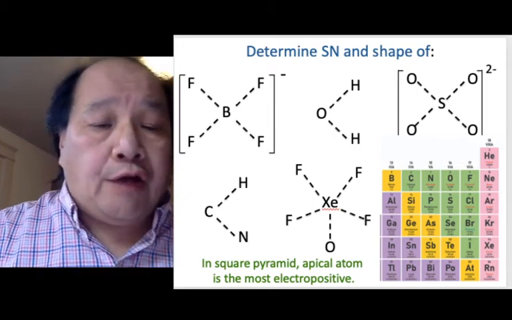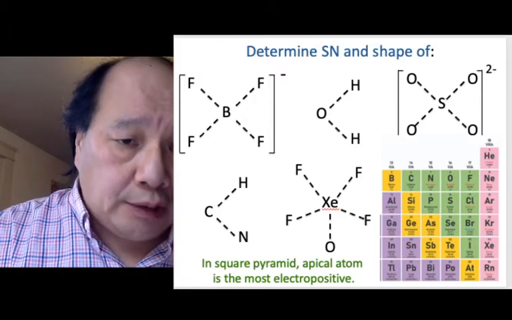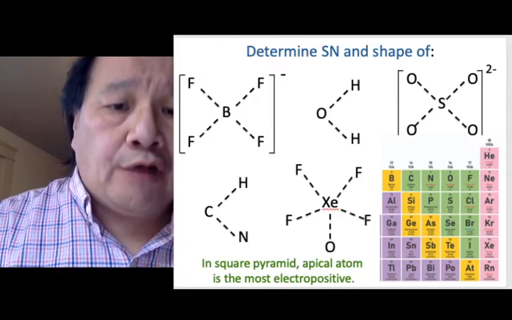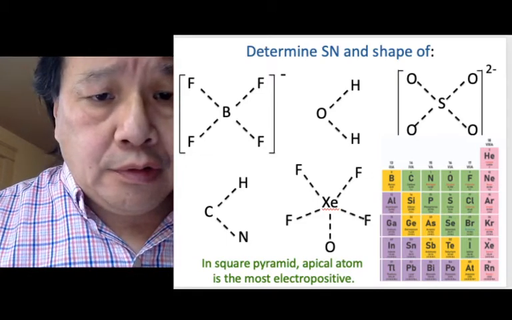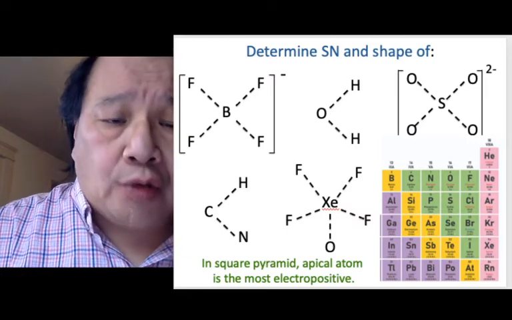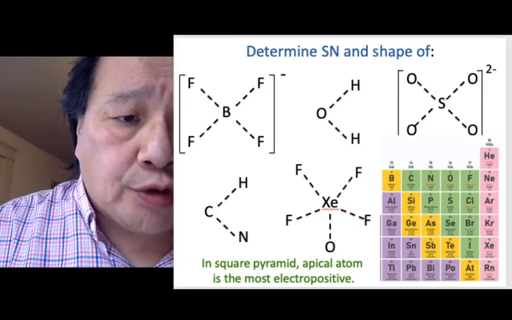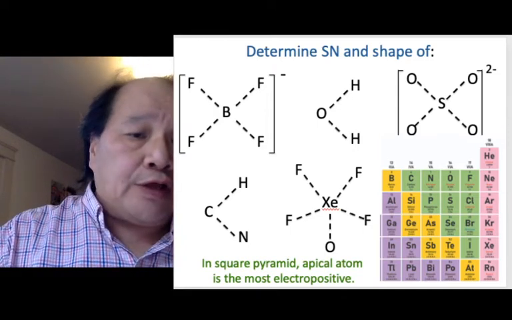So XeF4O is steric number, put it in chat. XeF4O is steric number 6. 8 for the xenon. Fluorine gives 1, oxygen none. 8 plus 4 is 12, divided by 2 is 6. And there are only 5 things attached.